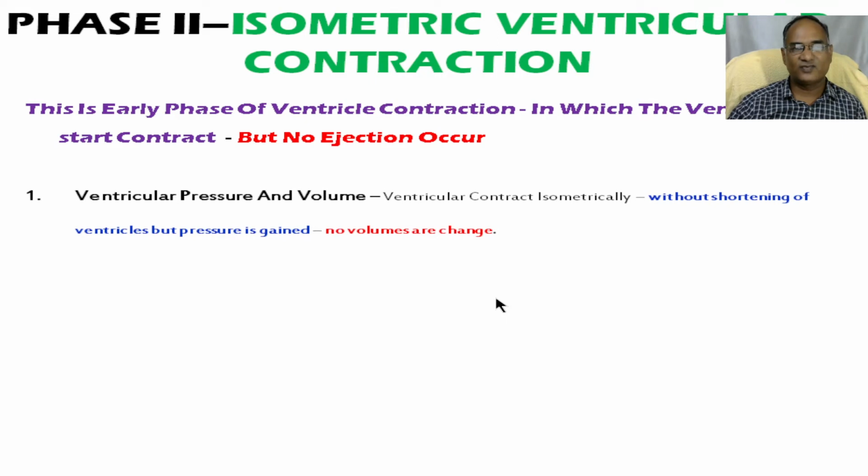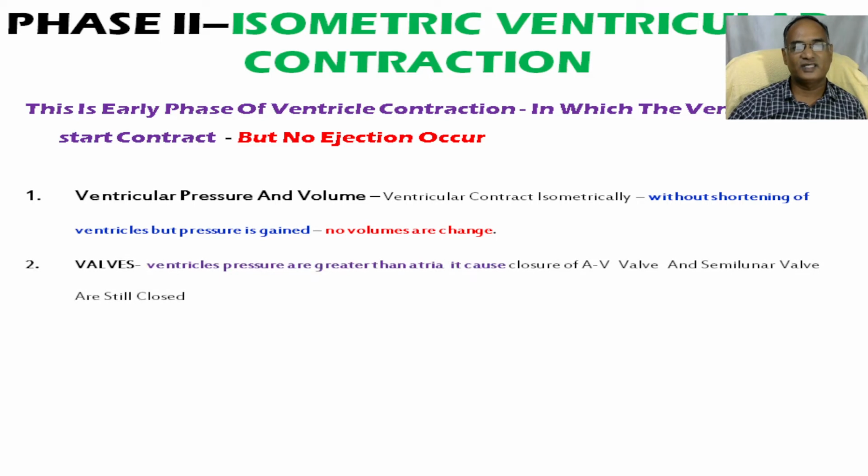The ventricle contracts isometrically without shortening of the ventricular muscle, but pressure is gained. No volume is changed. Blood volume cannot change because only pressure is created.